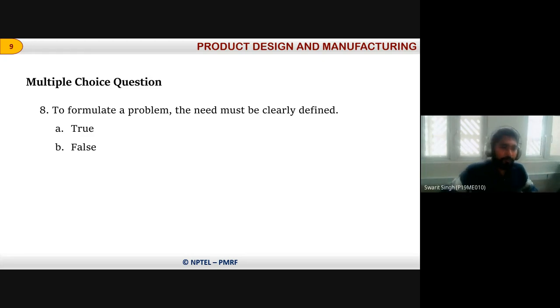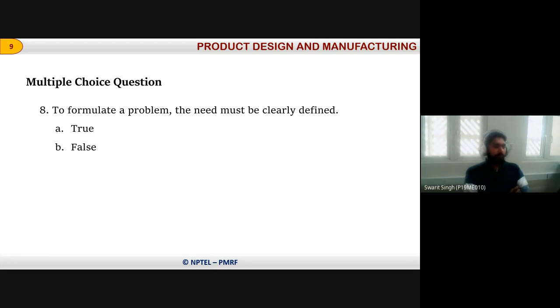If there is no need, there is no invention. No new invention will take place if there is no need. Whenever a need arises, only then do new inventions or new formulations of a product take place. So the very first step for product generation is the formulation of the problem.